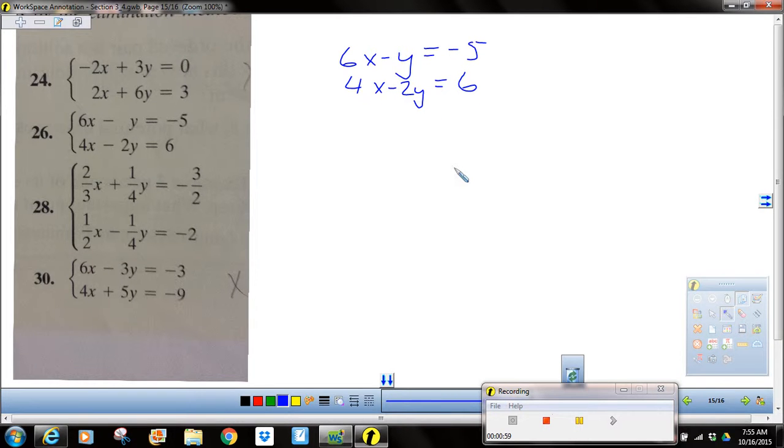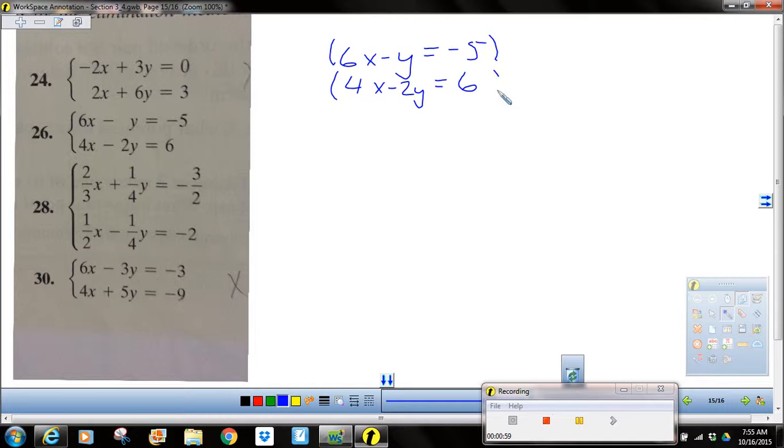Okay, I think what I'm going to do is, it's kind of like when you're doing fractions and you get a common denominator. We're trying to find a common multiple that both these will go into, or both the x's. I think I'll do the x's this time. So, what we do is we're going to multiply this.